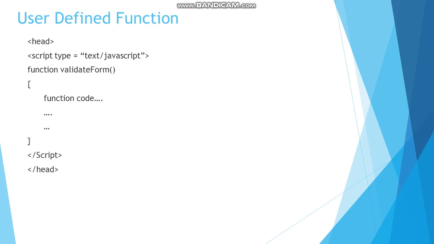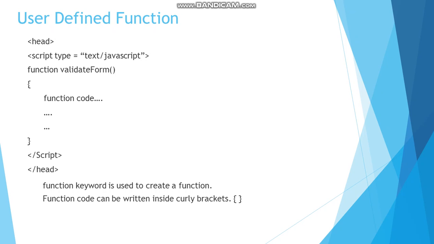So that is a user-defined function. Function keyword is used to create a function. Function code can be written inside curly brackets. Remember, this can be asked in exam. A function in JavaScript must be created in the head part of HTML.